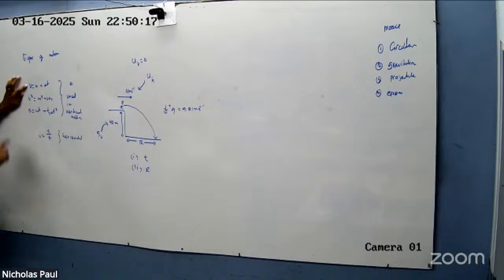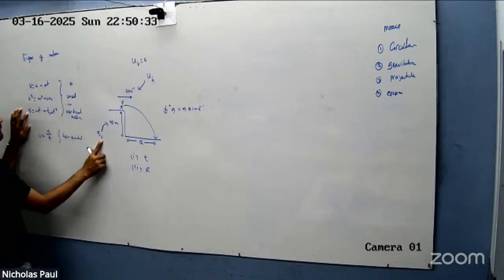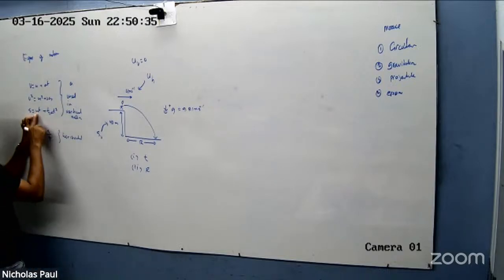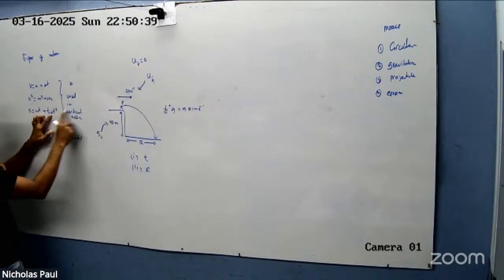If I do the first equation, the problem is I don't have the final velocity, so I can't use 1 or 2. I can use 3 because I have the vertical displacement, the initial vertical velocity, the acceleration, and I want to find time.